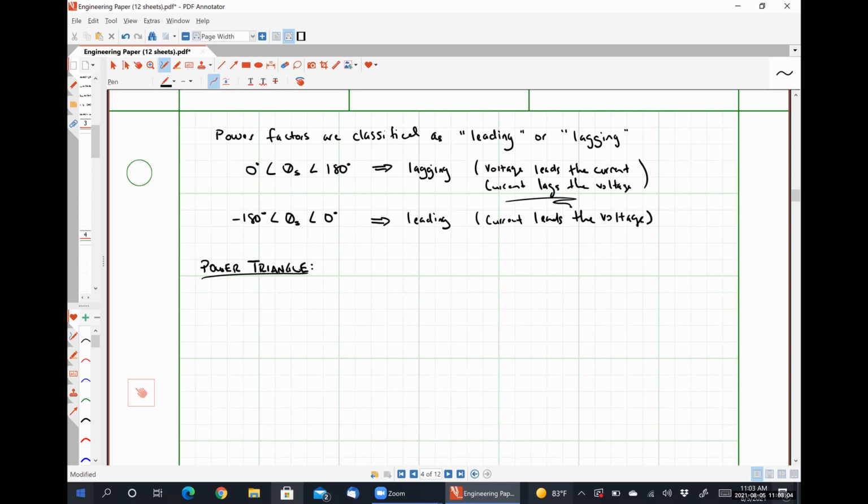So for a generic load, Z is equal to R plus jX, where R and X are positive.